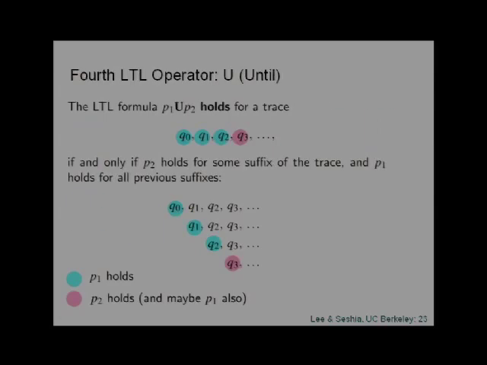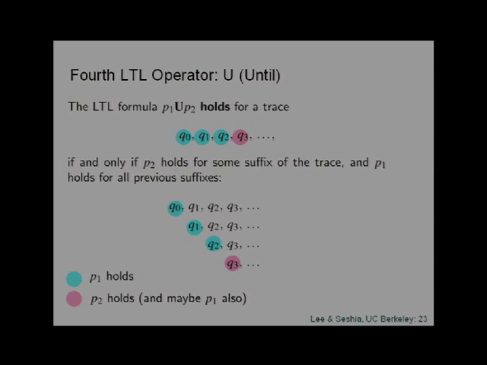The second part of the question was, what does it say about q4 onwards? And this property doesn't say anything about that, right? So as soon as p2 becomes true, you don't care about the rest of the trace.